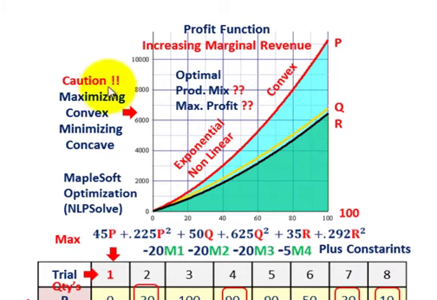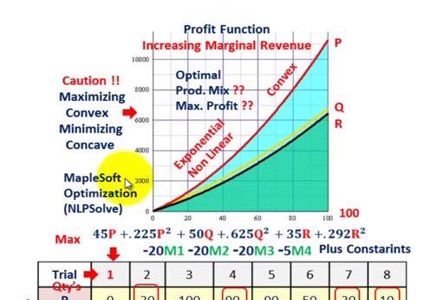So this is the case here. When you're dealing with these exponential functions or curves, either going upwards or downwards, whatever they may be, you have to use some caution when you're maximizing a convex curve or minimizing a concave curve using linear programming, and we'll look at it here in terms of numbers.